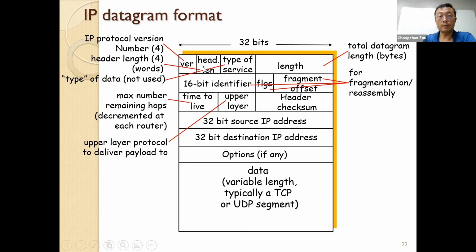This is the header length. Header length basically tells the receiver how big this IP header is, because normally the IP header is 20 bytes, but some IP packets could have a longer header.